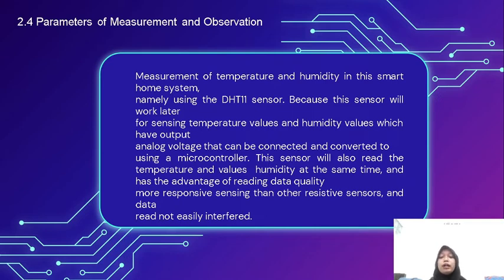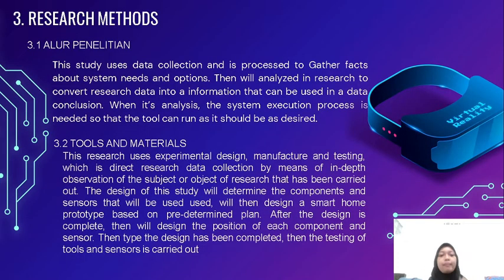The sensor will also read the temperature and humidity values at the same time, and has the advantage of more responsive data reading quality than oversensitive sensors whose data readings are easily interfered with.